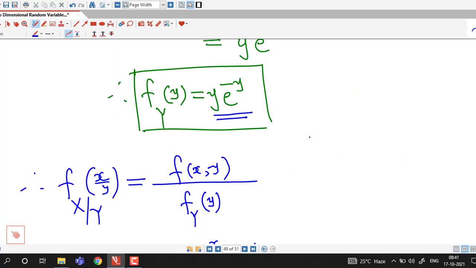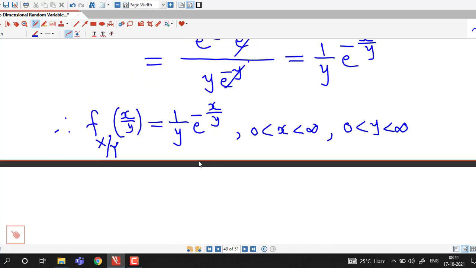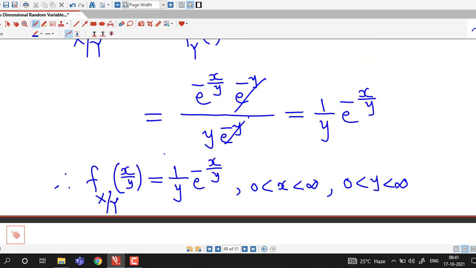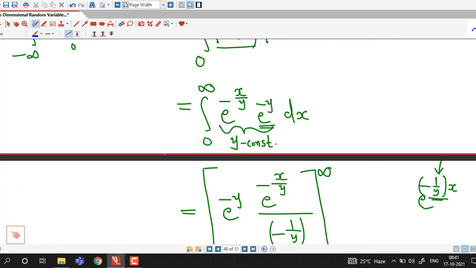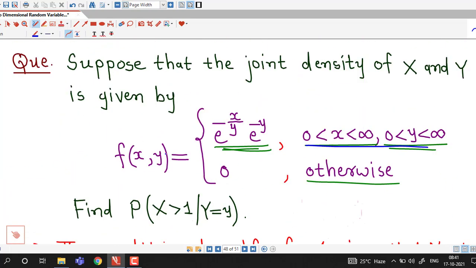So the conditional density will be equal to 1 by y e raised to minus x by y for x and y positive. It is going to be 0 otherwise, but here we are interested in the positive values because we are asked to find the conditional probability of x greater than 1 given that y equal to y. So x greater than 1 means the lower limit for x is 1 and the upper limit is infinity.